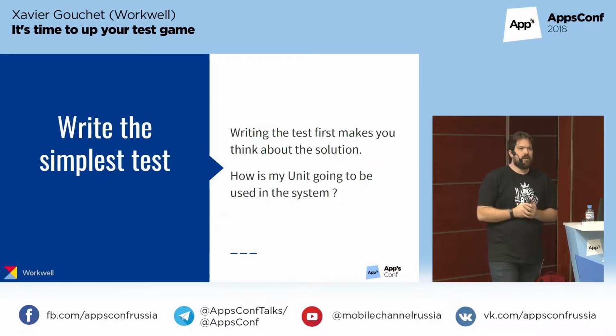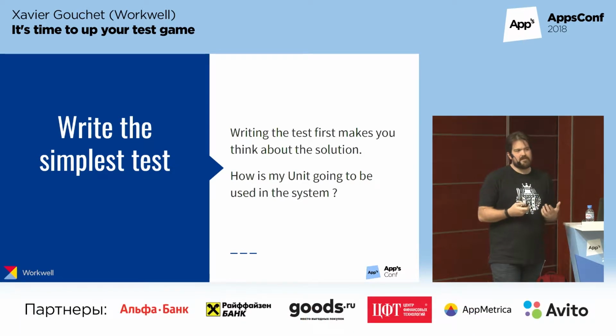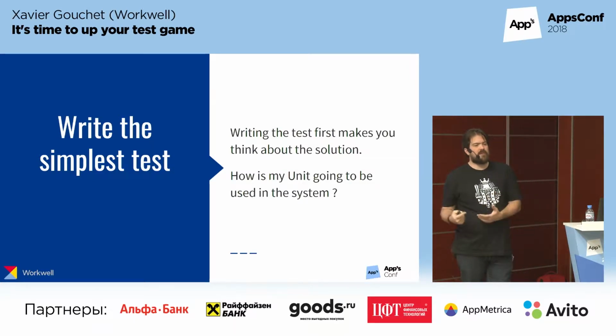First step is you write the simplest test ever that will fail. So here, test-driven development means that the test is written first. Why do we do that? It's to avoid overcomplicating things. Sometimes you start to write a feature and you say, oh, I'm going to use this design pattern, I'm going to use these classes, and in the end you don't need all this huge amount of code to do the simplest thing.